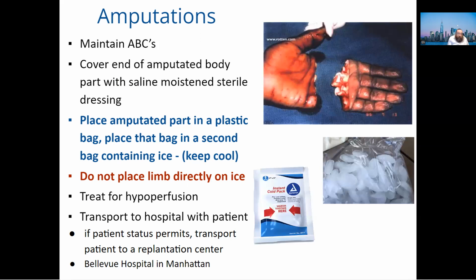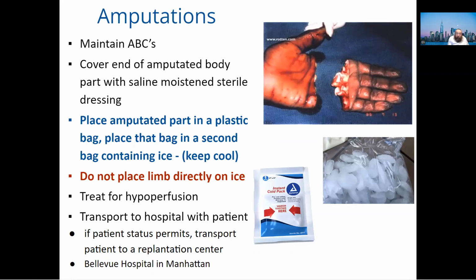Okay, here's what you do. You take the ice and you put it into one of the Ziploc bags. Filled, half filled, nobody cares. Okay? Next, you take the body part that was amputated and you place it in the second Ziploc bag. If you want, you can wrap the body part in a moistened dressing.